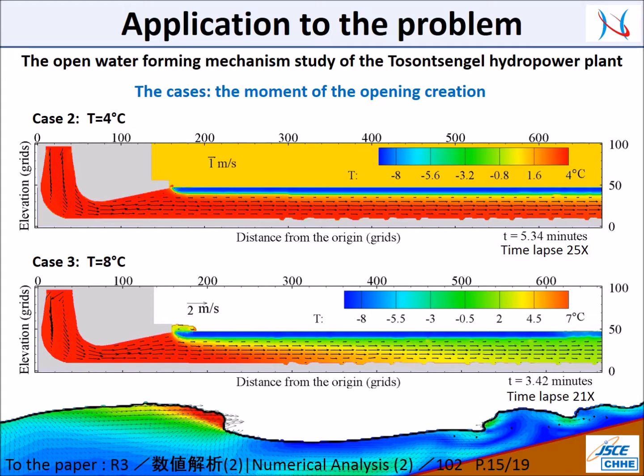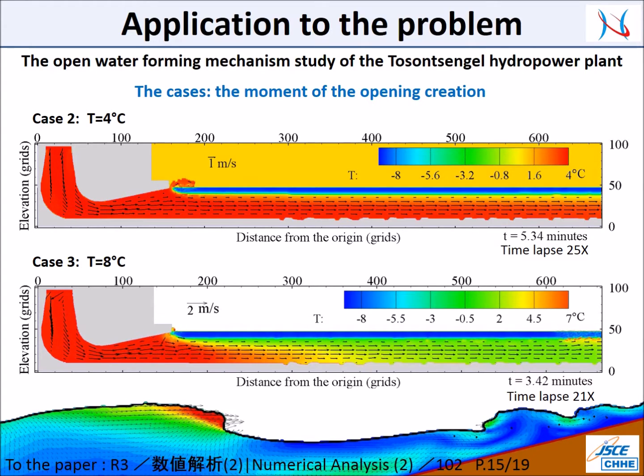A temperature of 4 degrees Celsius is high for winter time, so this temperature can cause open water and further make the ice condition worse if the discharge is very fluctuated, not constant.